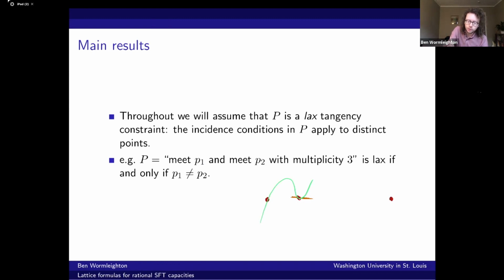This first picture I've drawn is lax because P1 and P2 are distinct. The second picture is going to be a non-lax tangency constraint corresponding to P1 equals P2, where it asks not only do I pass through my point, but then I come back to it and meet it with high multiplicity. So this is the case that we'll be working with, and I'll make a comment later on where this fits in.